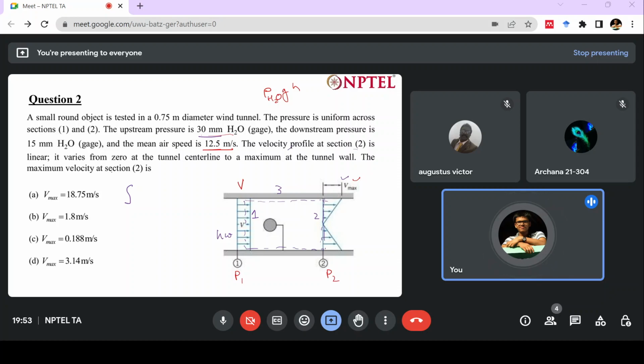What they want to test is that, using this pressure, we can also apply the Reynolds transport theorem for conservation of momentum. We can definitely do that. For conservation of momentum, we will integrate along these edges.